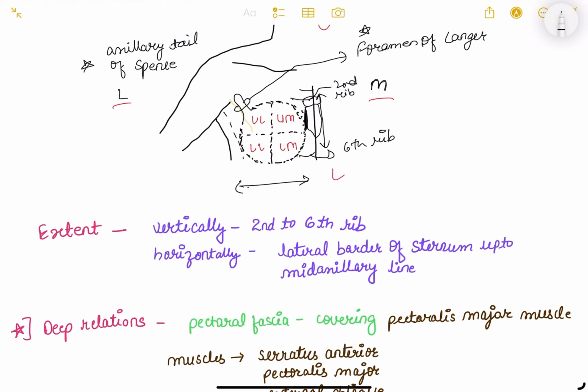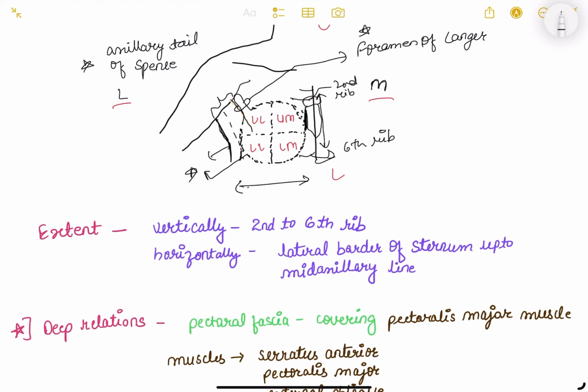So now this is our axilla, this is the anterior axillary fold, and this is our posterior axillary fold, and this will be the mid axillary line. So this is the extent of the breast, vertically from 2nd to 6th rib and horizontally from the lateral border of the sternum to the mid axillary line.